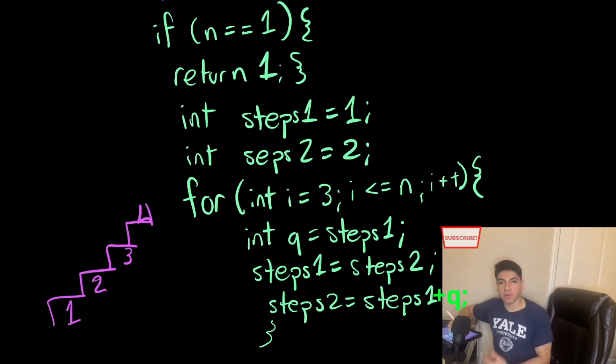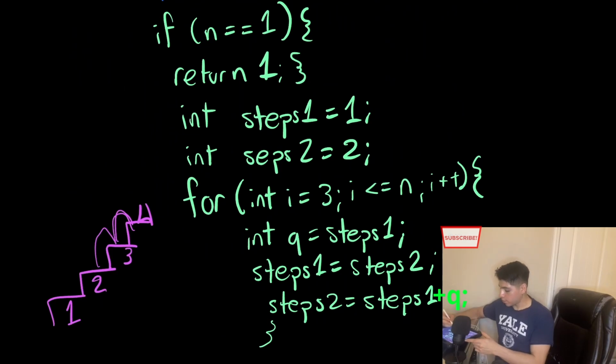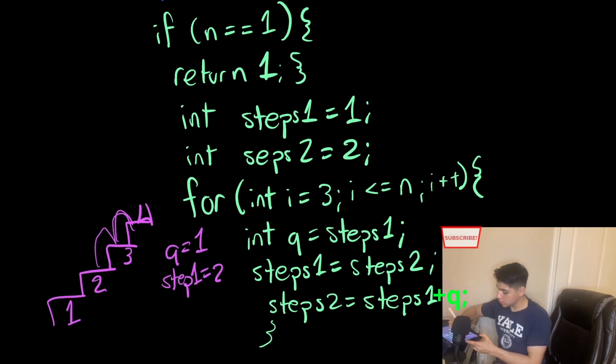We know that if we have 1 step, it's only going to have 1 solution. And if we have 2 steps, it's only going to have 2 solutions. So let's run it through our for loop. If we have steps1, q is going to be equal to 1. And steps1 is going to be equal to 2. So now steps2 is equal to 3.